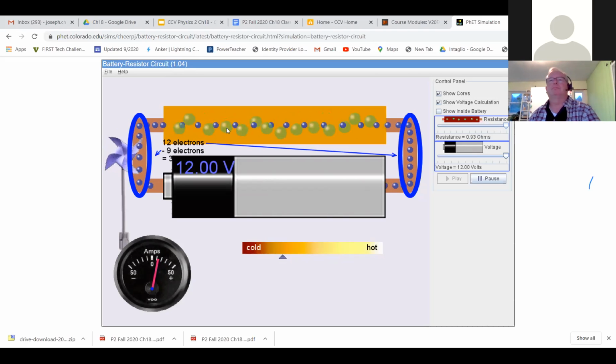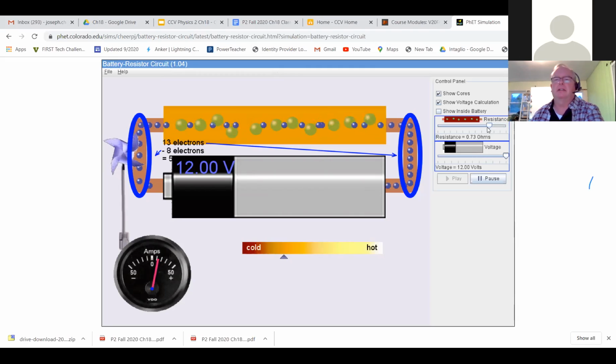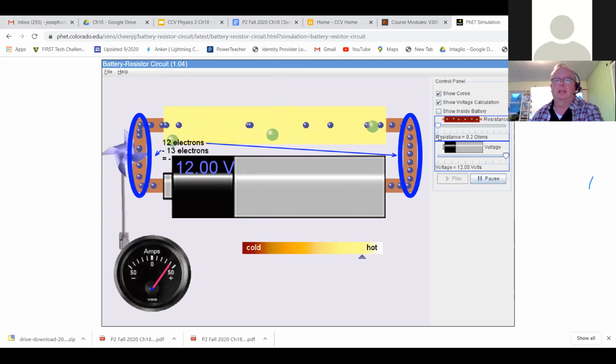Okay, good. I want to take this now. I've got voltage all the way up and I've got resistance all the way up. Let me start backing this down. Oh my.